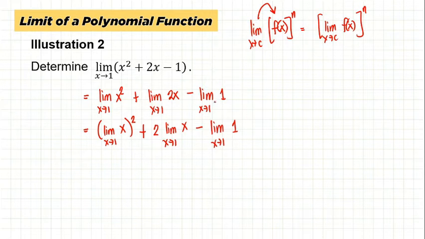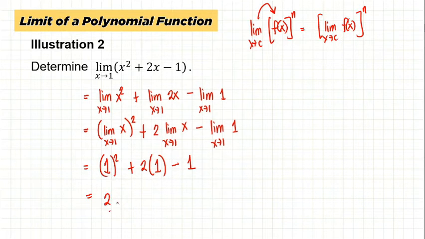Then, let's evaluate. The limit of x as x approaches 1 is equal to 1. That is the second theorem, right? So, 1 squared plus 2 times the limit of x as x approaches 1, which is again equal to 1, minus the limit of 1 as x approaches 1. This is a constant, so the answer is the constant itself. So what will be our answer here? 1 plus 2 minus 1, so that will be equal to 2.